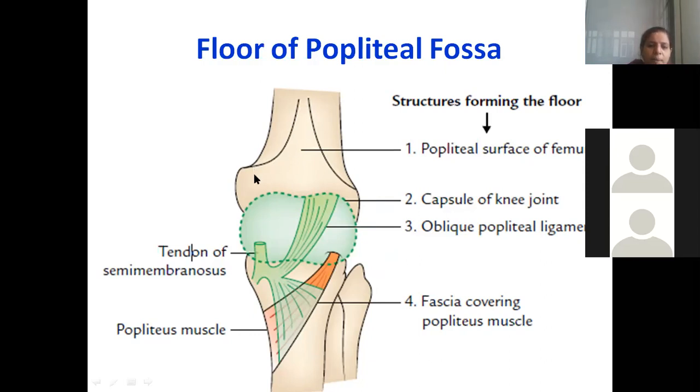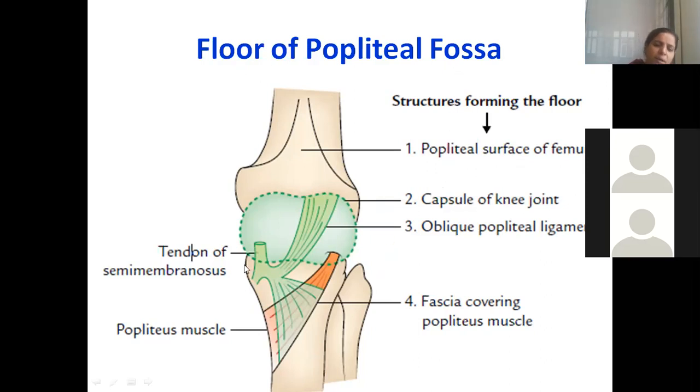This is the medial supracondylar line, because the tibia is this side. Fibula is this side. This is the lateral supracondylar line. Between the two supracondylar lines, we have the popliteal surface of the femur. Okay. Then this is forming the floor.